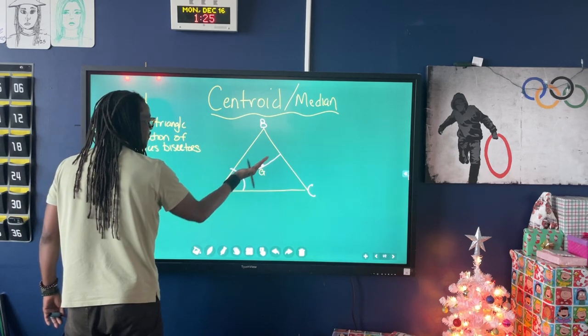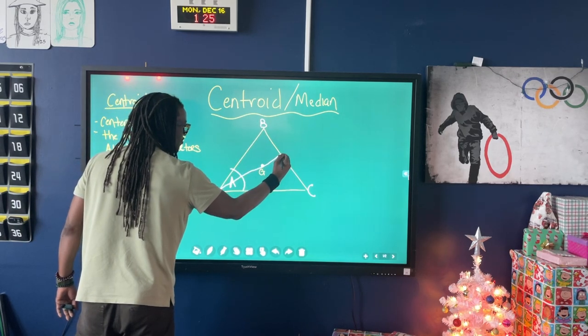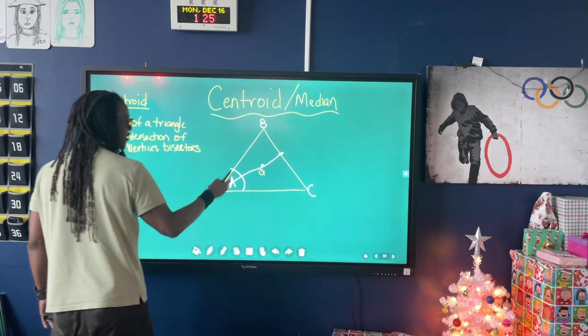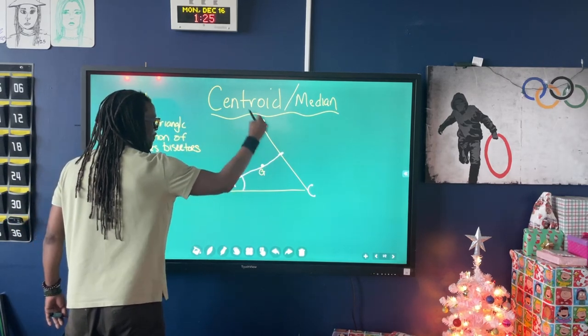The bisector of A lands on the midpoint of BC, right here.